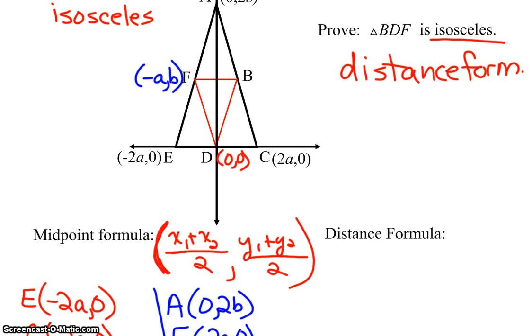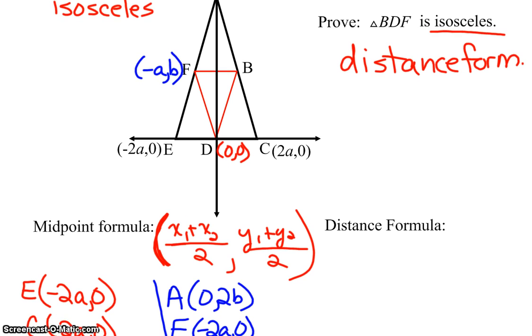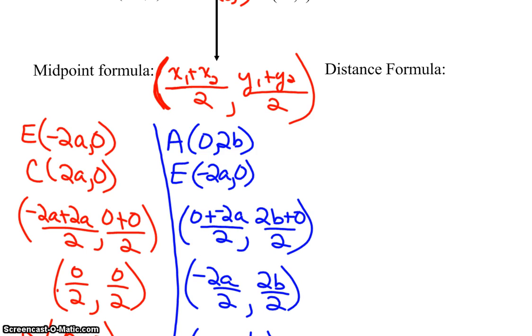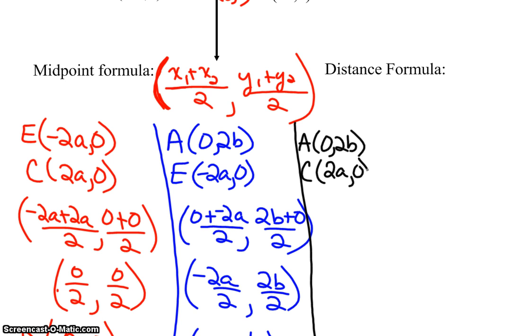Now I need to find the coordinates of the midpoint of segment AC, and that's going to be point B. The ordered pairs for segment AC are A is at (0, 2b), and C is at (2a, 0).